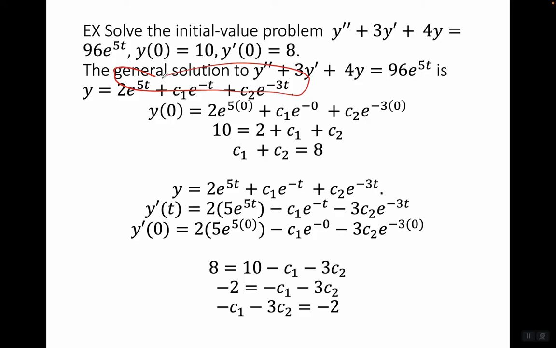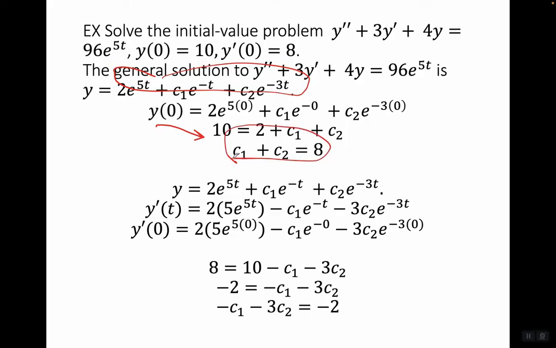We get y of 0 equals 2 times e to the 5 times 0 plus c1 e to the negative 0 plus c2 e to the negative 3 times 0. That simplifies to 10, because we were told that y of 0 equals 10, equals 2 plus c1 plus c2. Subtracting 2 from both sides, we get c1 plus c2 equals 8. Okay, that's one equation.